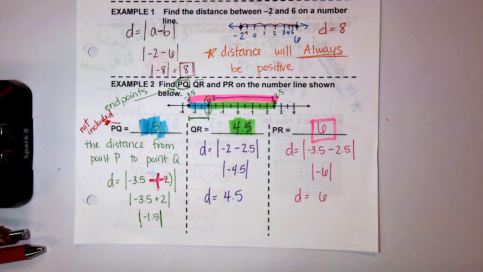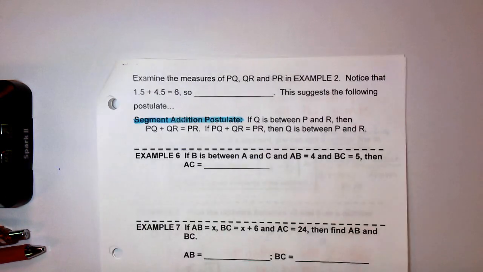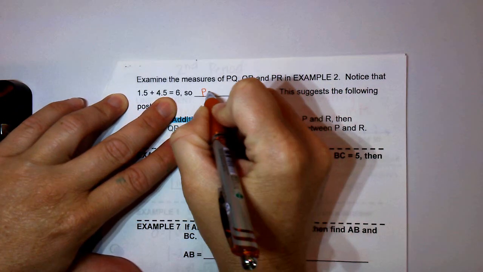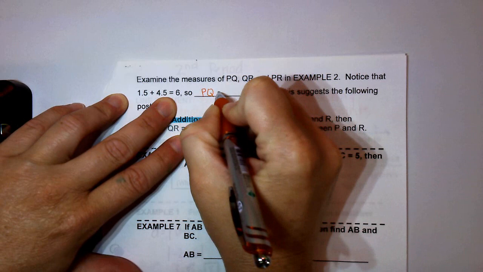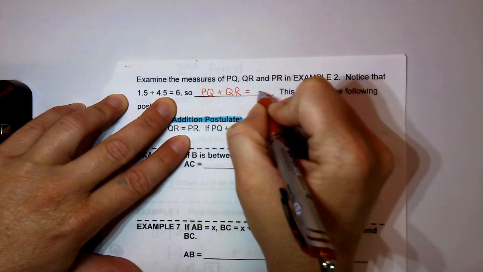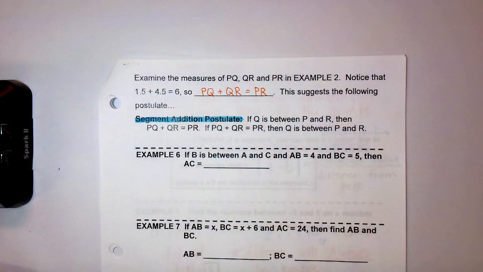You add two pieces together and it equals the big piece. So this just says if I take PQ plus QR, it's going to equal PR. That's all it's saying.